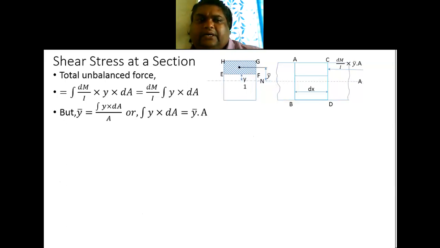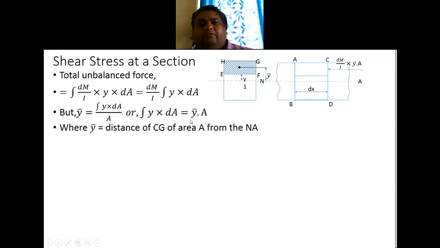We have studied this earlier when we discussed the centroid or center of gravity. y bar is equal to the integral of y into dA divided by A, right? So the integration of y into dA will be y bar into A. So this part, the integration of y into dA in this expression, I am replacing by y bar into A. Here y bar is the distance of the CG of area A from the neutral axis.